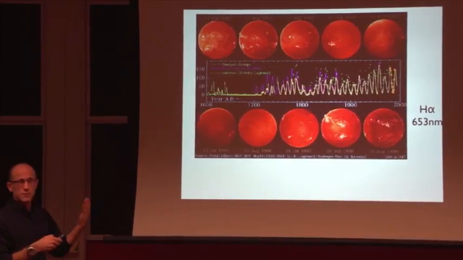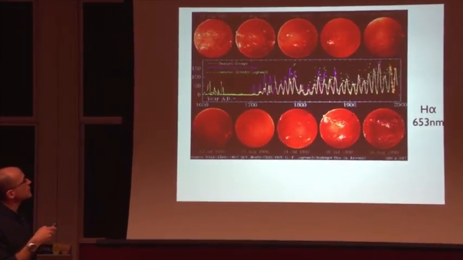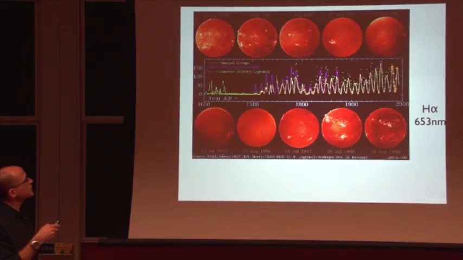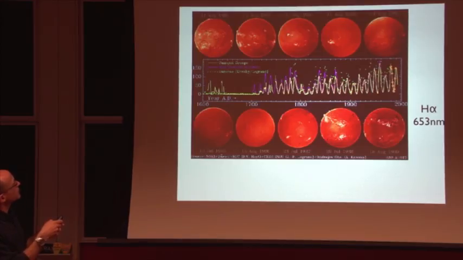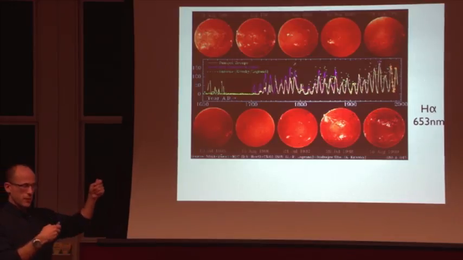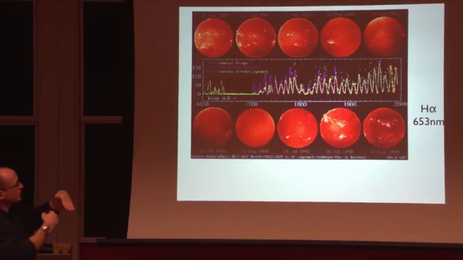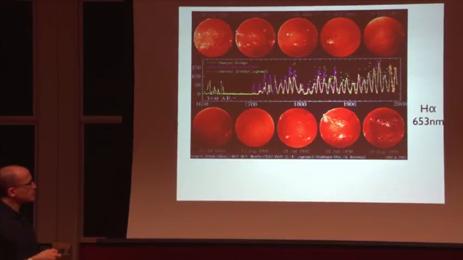The spots and active regions pop up at mid-latitudes and then migrate towards the equator. This trend is part of the activity cycle.